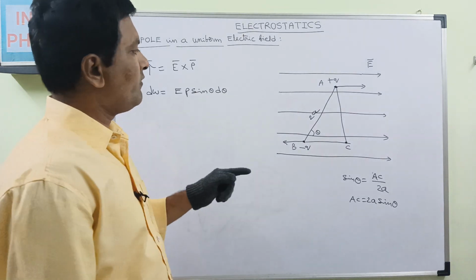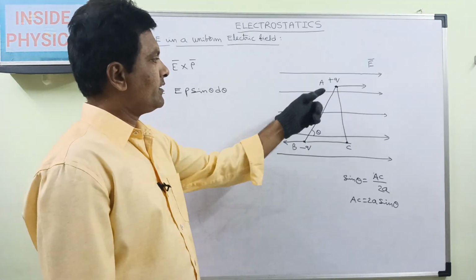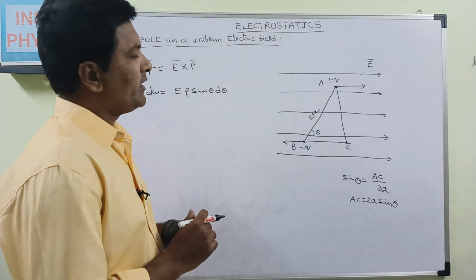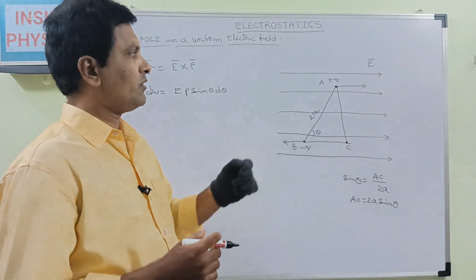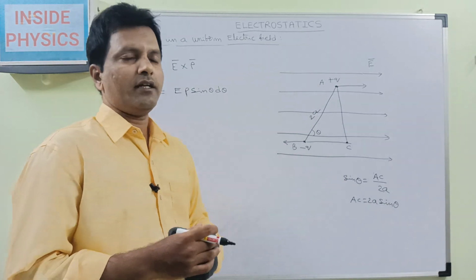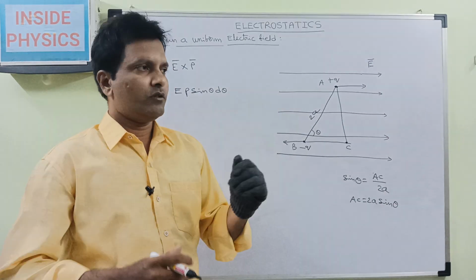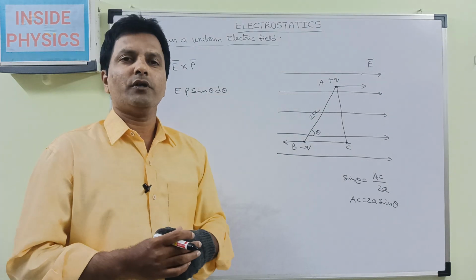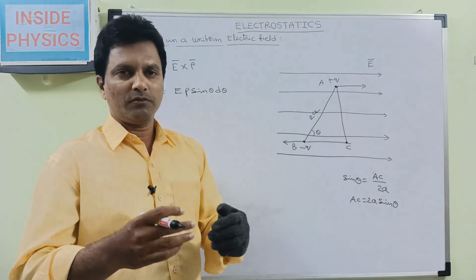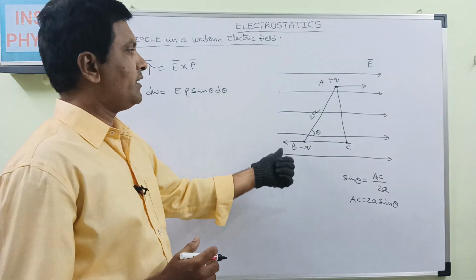If we consider the total work done in rotating the dipole between the angles theta 1 and theta 2, if you want to calculate the total work done, why we need to calculate the total work done? The total work done in rotating this dipole is stored as potential energy of the dipole. That is what we want to calculate here.